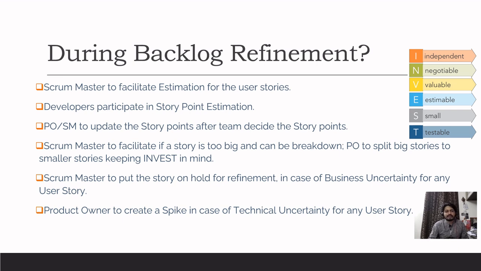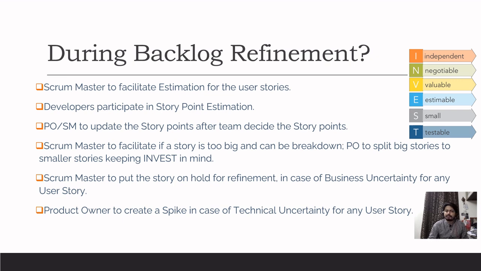So now the Scrum Master will facilitate this estimation session. He can use anything, maybe fist of five or planning poker or t-shirt sizing, whatever the team is comfortable with and is using. They will use that estimation technique to estimate the user stories and then update it and keep it in the product backlog. Yeah, so that's the whole idea.